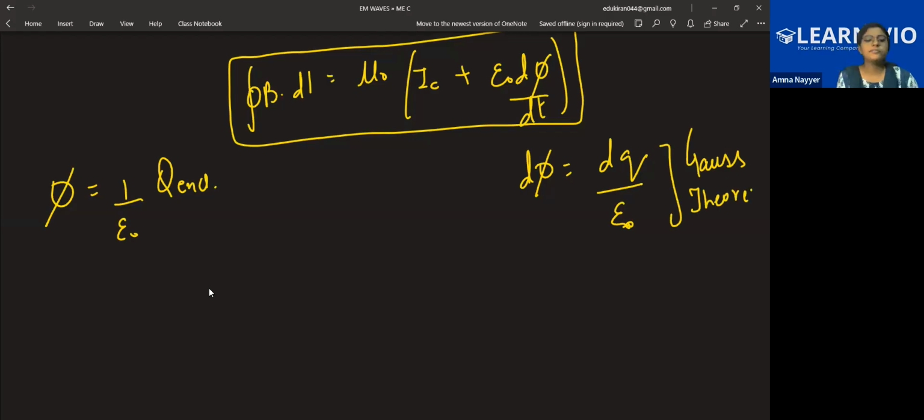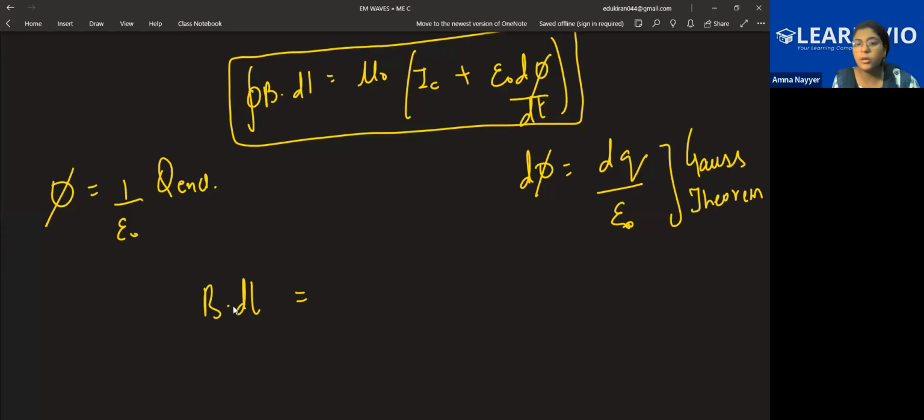Now when we are referring to B dot dl, you have the flux present. Flux is equal to dq over epsilon naught, which is your Gauss theorem.